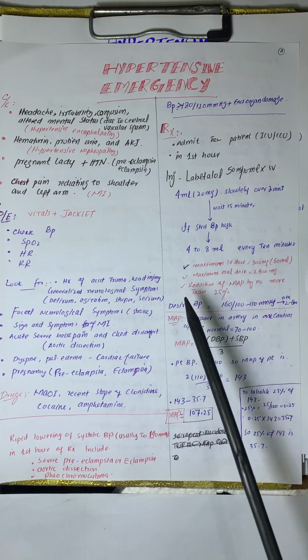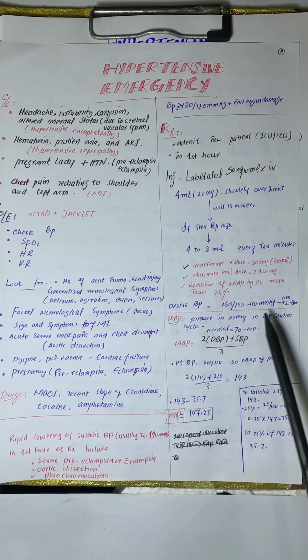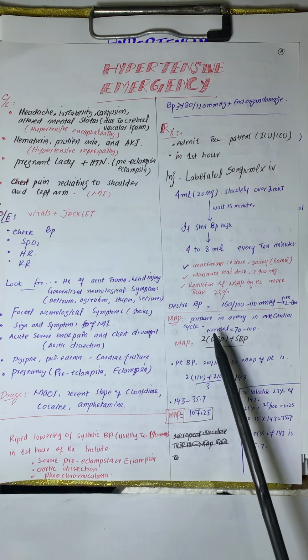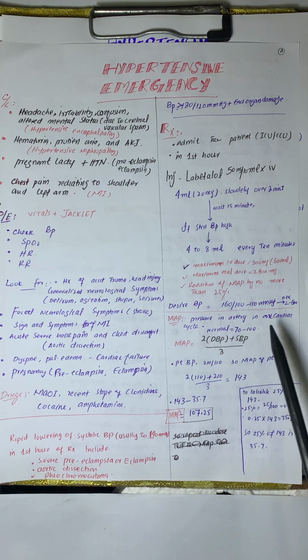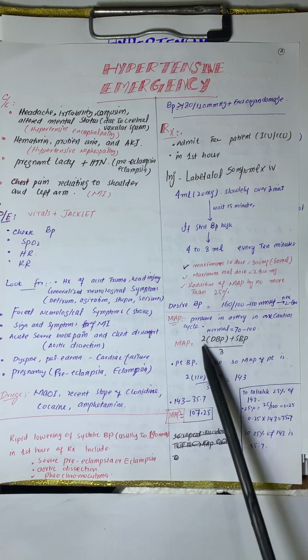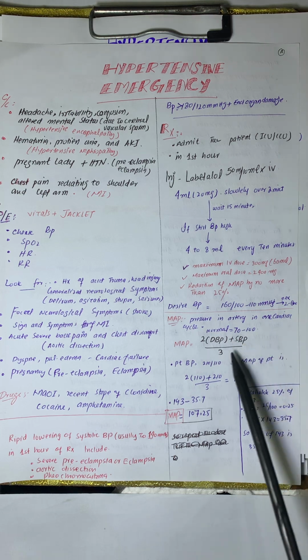How do you calculate mean arterial pressure? Mean arterial pressure is the average pressure in the artery in one cardiac cycle. Normal mean arterial pressure is 70 to 100. The formula is: two times diastolic blood pressure plus systolic blood pressure, divided by 3.